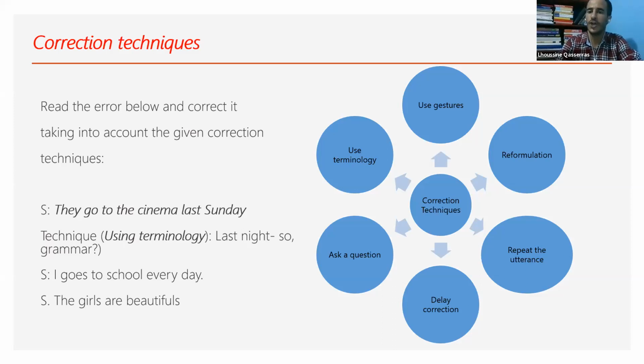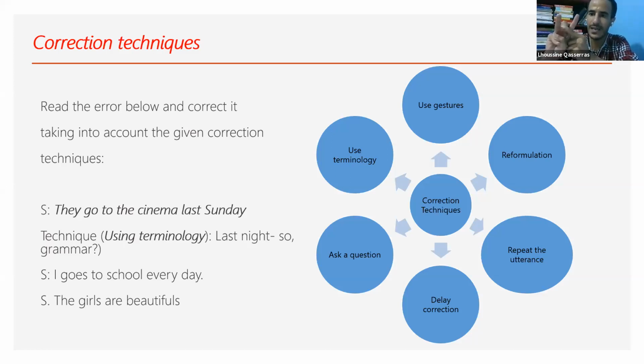She go yesterday. So I'm going to do like this. She go yesterday, which means there is a problem with the second finger. I'm going to put down the second finger.